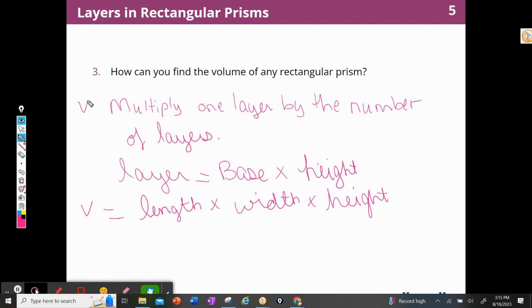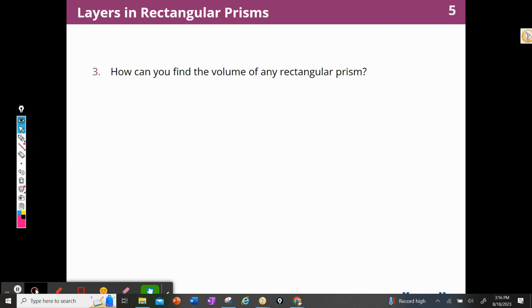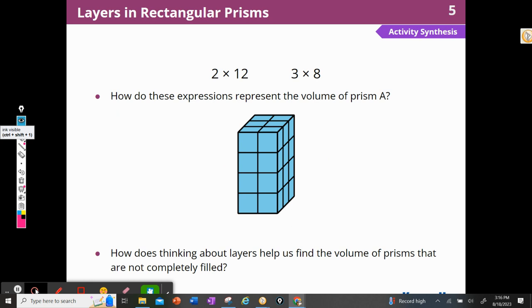We can multiply one layer, the base, by the number of layers, the height. Base times height. We can find the length and multiply that times the width, and then times the height. Awesome, that makes my life easier as well. So it will not be real hard to find the volume from now on. All right, so here we go. Let's talk about what we learned today.